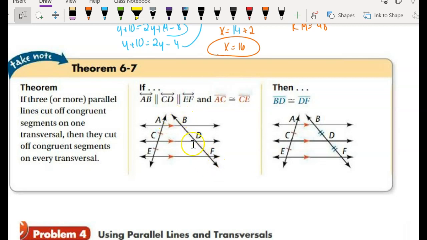So here's my second transversal. AC and CE are congruent to each other. BD and DF are congruent to each other. These are not necessarily the same. In fact, you can see that BD is not congruent to AC, but BD is congruent to DF.